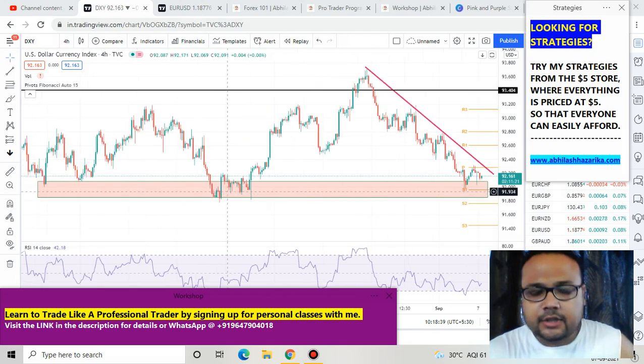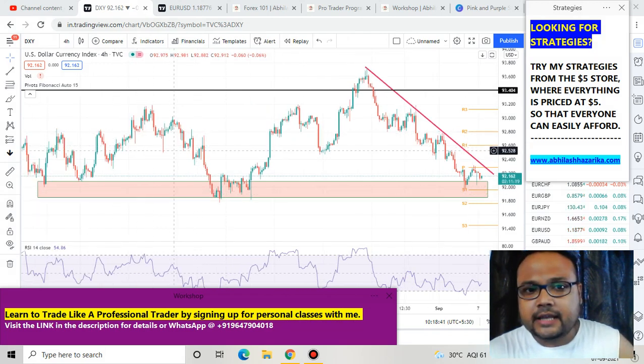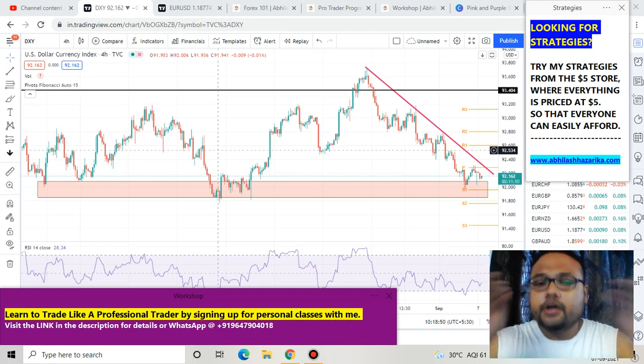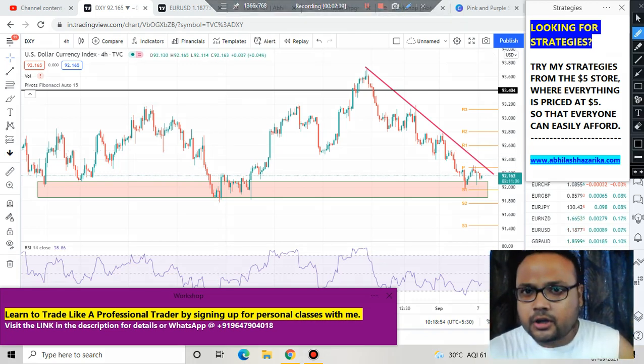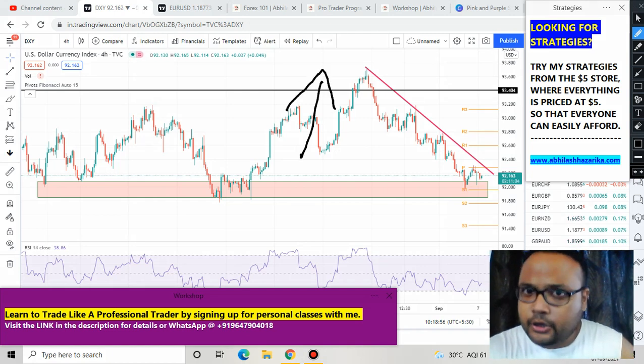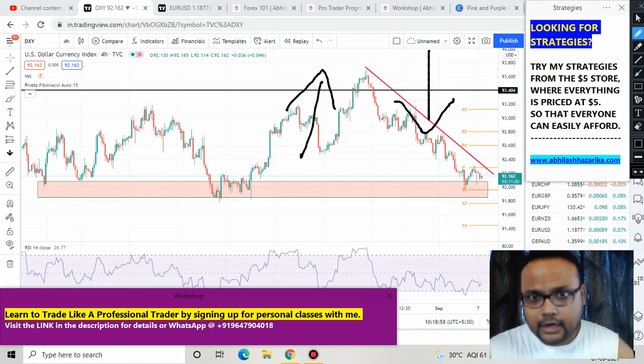Previously also, when there was some heavy selling on the US dollar, this was the level that provided support to the market. So there is a possibility that US dollar will try to recover from this place. If US dollar goes up from here, then Euro USD will be going down. Clear?